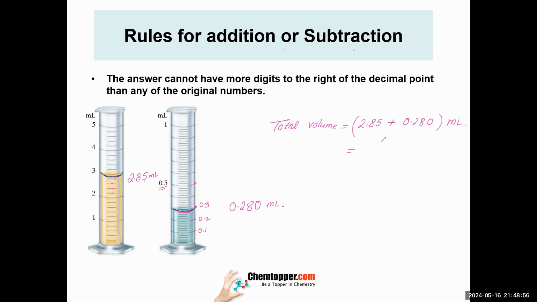Because if I add it, I'm getting 3.130 ml as my answer. But according to this rule, I should express my answer only up to 2 decimal places, not 3. So I'll remove this 0. That's the answer. This is the rule of addition and subtraction for significant figures.